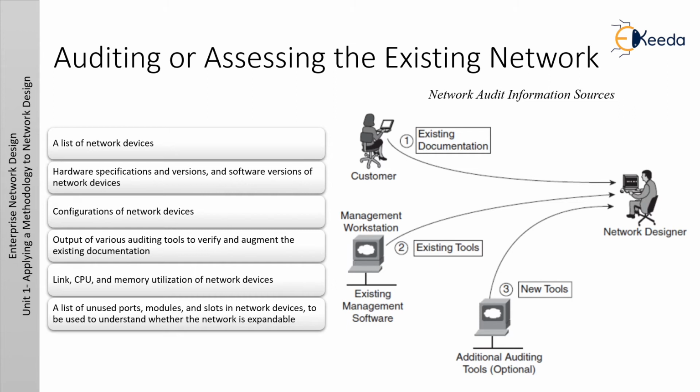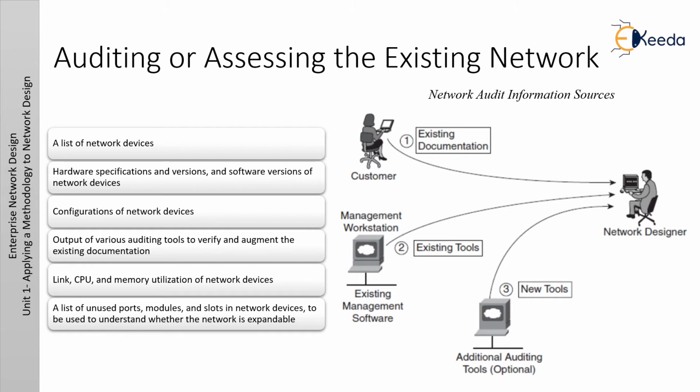If the customer has insufficient tools, the designer can choose to temporarily introduce additional software tools if they prove useful. Those tools can be used in the network permanently during the operate and optimize phases.